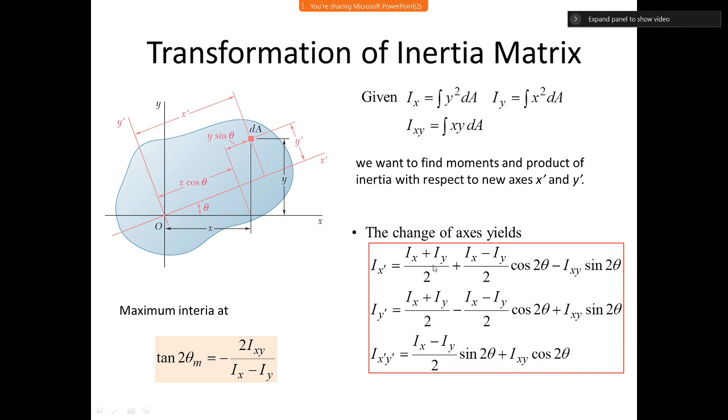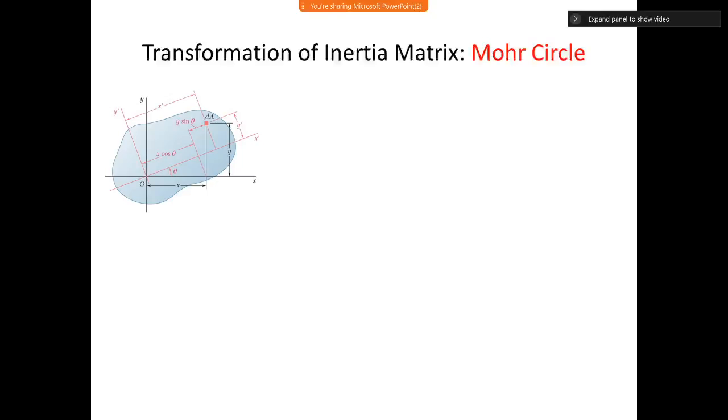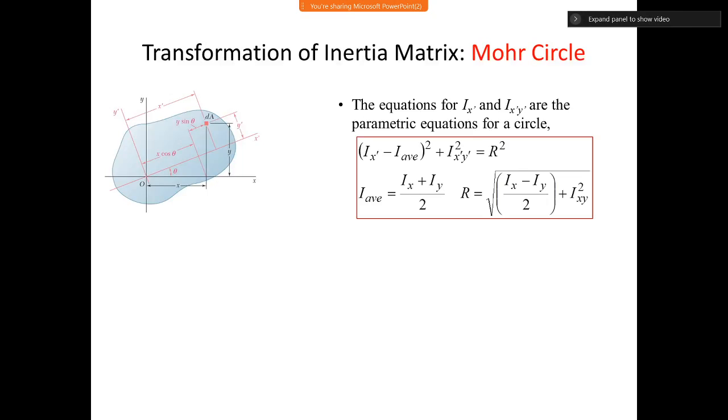If you modify it a little bit and do the manipulations, we can express these equations as an equation of a circle. So the same equation on the previous slide can be expressed as (Ix prime minus I average) squared, where I average is the average moment of inertia (Ix plus Iy)/2, plus (Ix prime y prime) squared is equal to R squared. So this equation represents the equation of a circle.